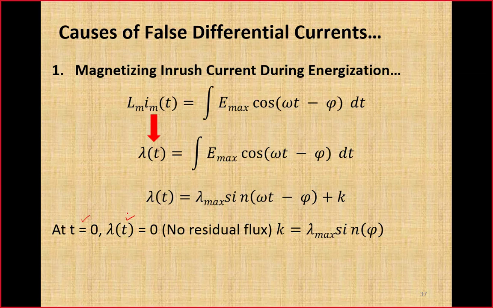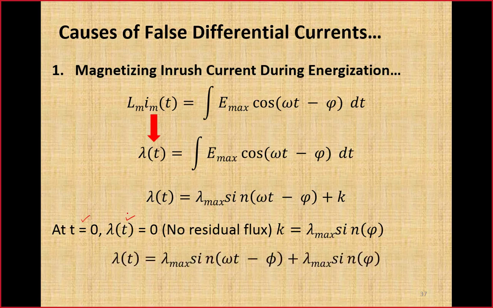This is our assumption, but practically lambda at t equal to 0 would not be 0 in a power transformer. But to keep our discussion simple at this stage, we are assuming there was no residual flux or remnant flux in the core. So when we solved this equation, k turned out to be lambda max sine of phi. Let's substitute this value of k back into the equation.